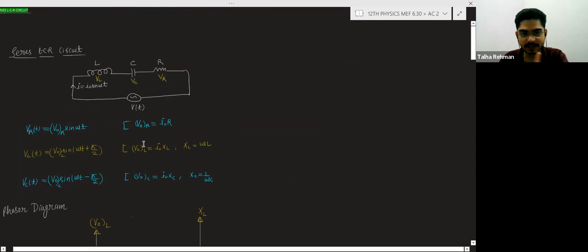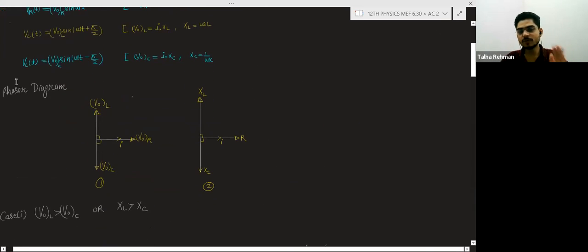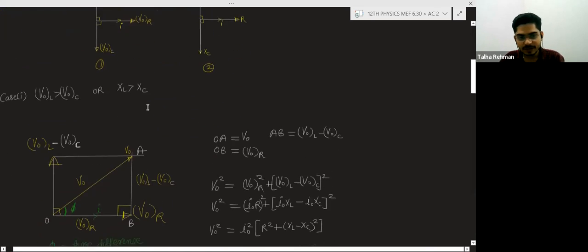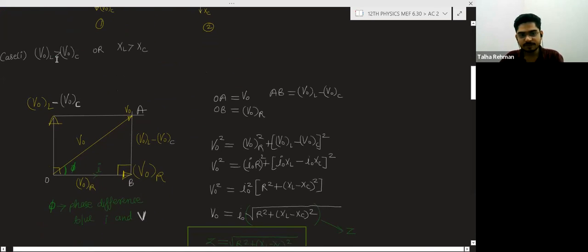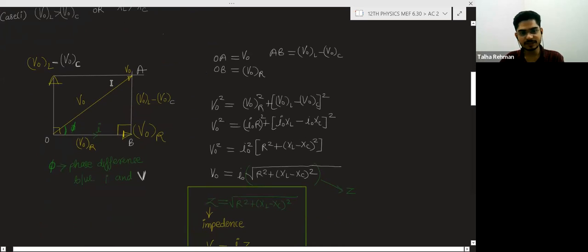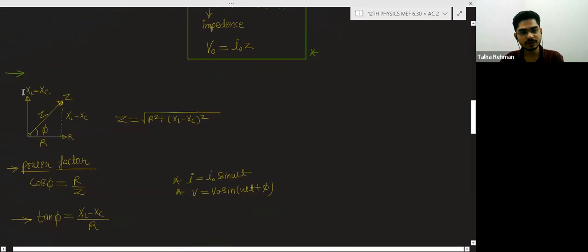See the phasor diagram. This is a phasor diagram of a typical LCR circuit. When the voltage across the inductor is greater than the voltage across the capacitor, or basically XL is greater than XC, then the phasor diagram of the voltage will be like this, and the phasor diagram of the impedance will be like this.